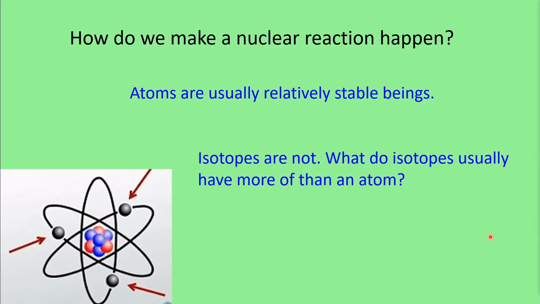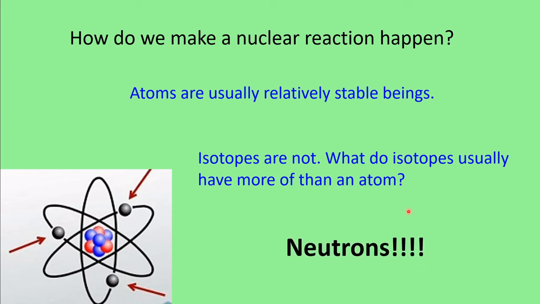Now, atoms tend to be pretty stable. Most don't like to undergo nuclear decay just by themselves. However, a lot of isotopes are not stable. Isotopes will like to decay and become more stable using radioactive decay. So what do isotopes usually have more of than an atom? Neutrons.